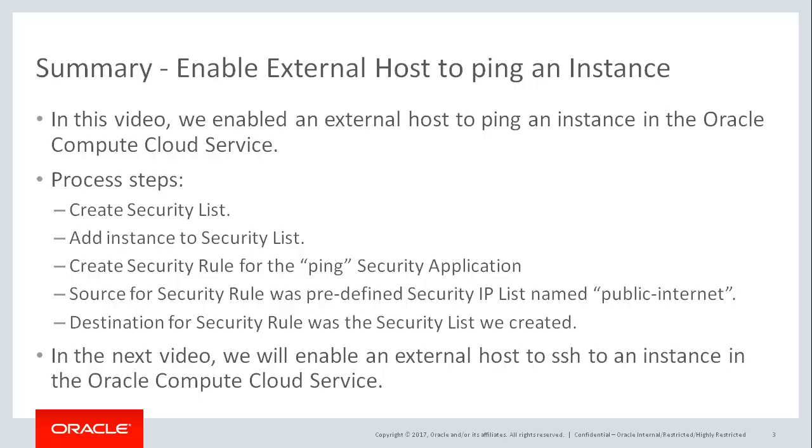The source for our security rule was a predefined security IP list named Public Internet. And by selecting this predefined security IP list as the source, this permits traffic from any host on the internet. The destination for our security rule was the security list that we created. All of this allowed us to ping our instance from our remote Windows system.